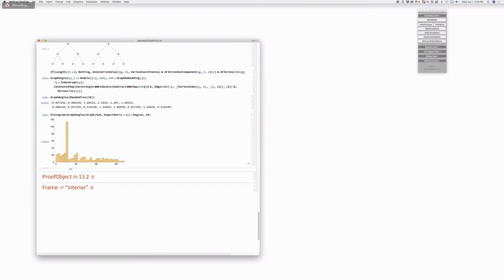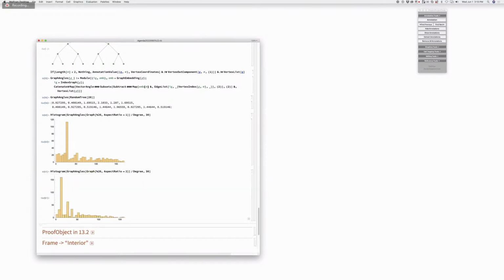Let's try changing the aspect ratio. Maybe it's already optimizing for something similar to what we're talking about. Look at this. What is going on? This definitely changed the distribution. So it does care.